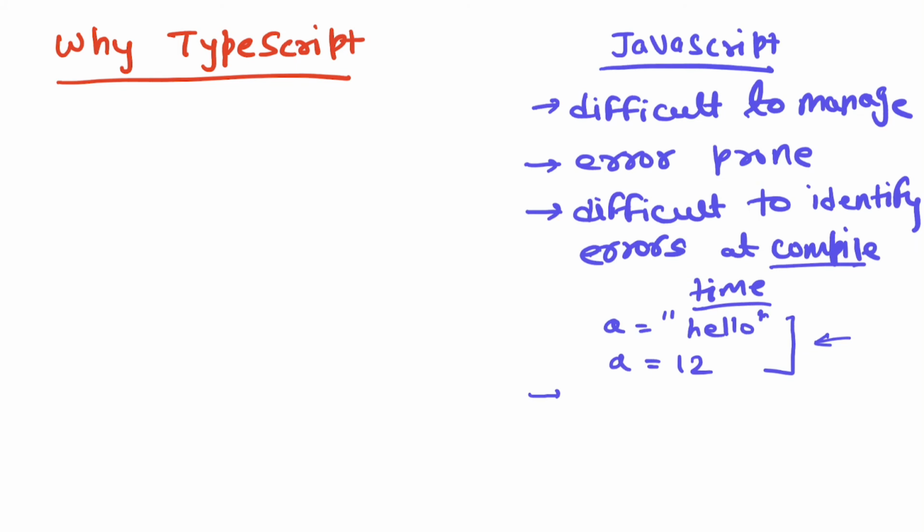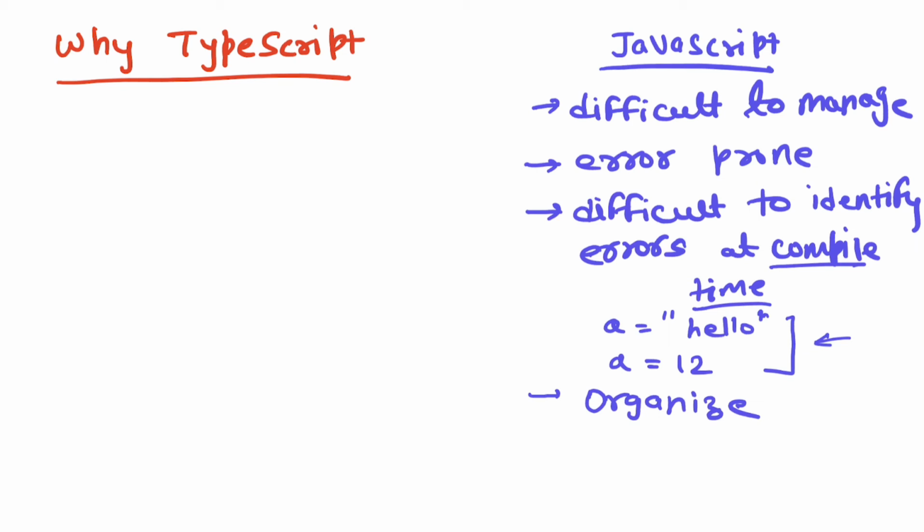And you cannot organize your code in an efficient way. You keep on writing JavaScript files, you keep on adding more and more files, and over time it becomes very clumsy. It's very difficult to do any refactoring, to move your code here and there, to reuse your code.